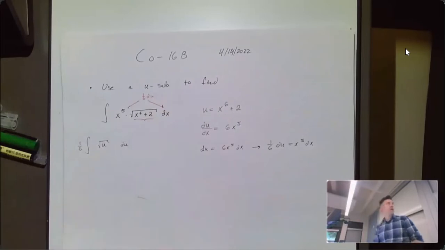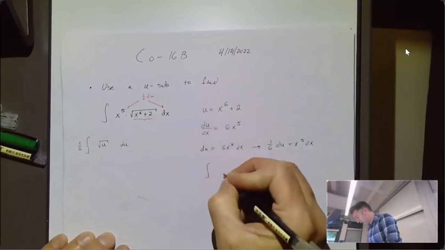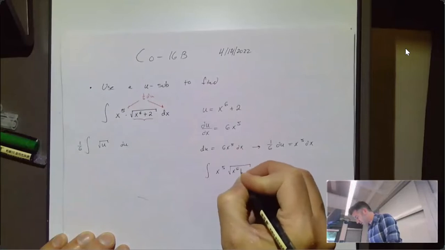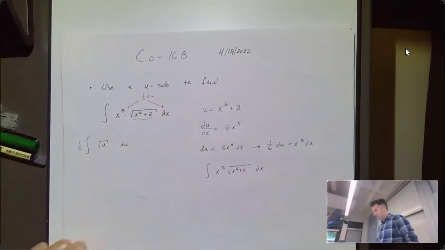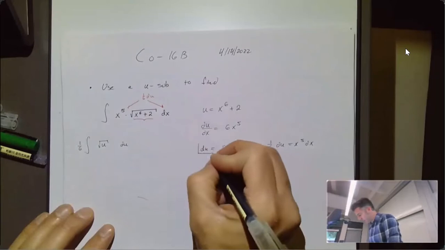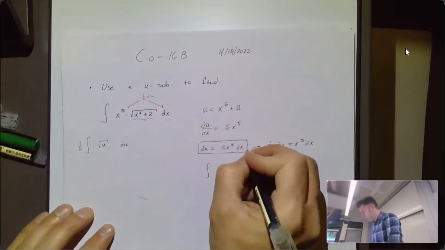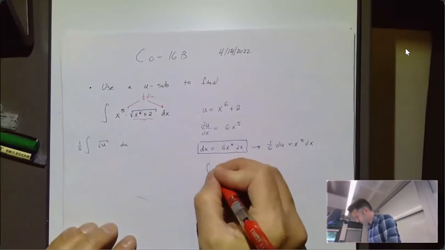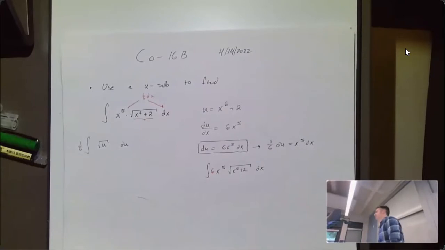Before we finish though, let me point out 2 equally valid ways of doing it. Another way people like to do this is they say, I have this integral of x to the 5th square root of x to the 6 plus 2 dx, and I really wish I had a 6x to the 5th. Well, we can make that happen. Multiply by 6. Can't just multiply by 6.